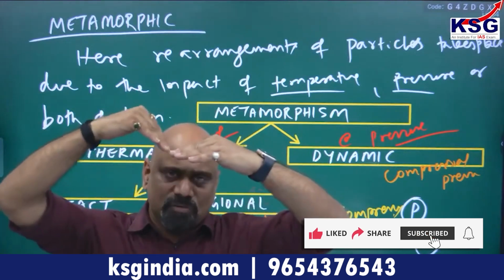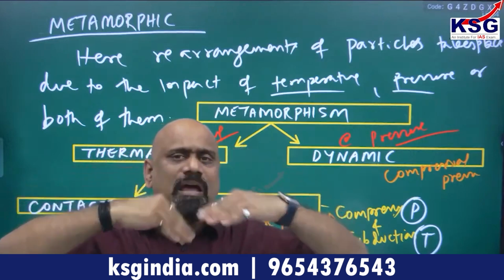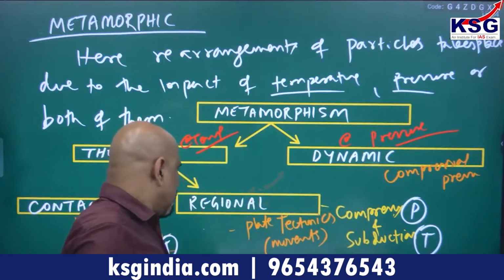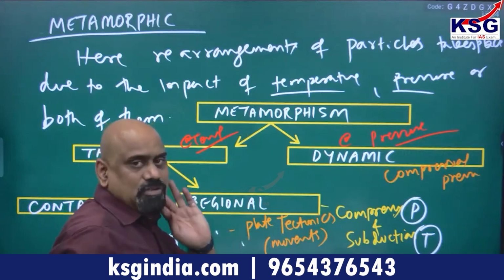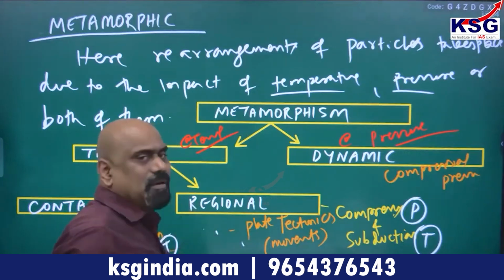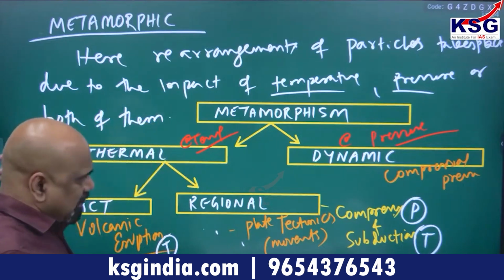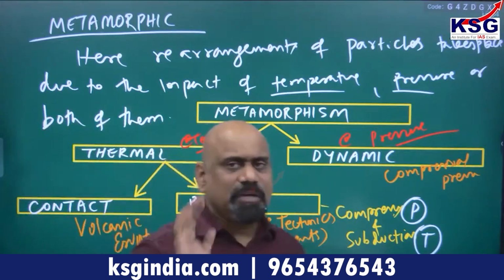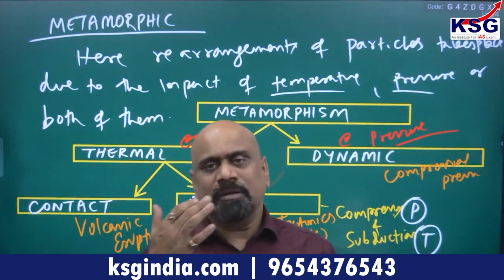Oceanic plate is heavier, it goes down. Continental plate is lighter, it rises. When one plate moves down and another one has pressure, both compression and, because it goes down, temperature also, you get regional metamorphism. But near volcanic regions, you have mostly contact metamorphism. But whenever two continental plates are meeting with each other, convergence of the plate is there, but there is no subduction.